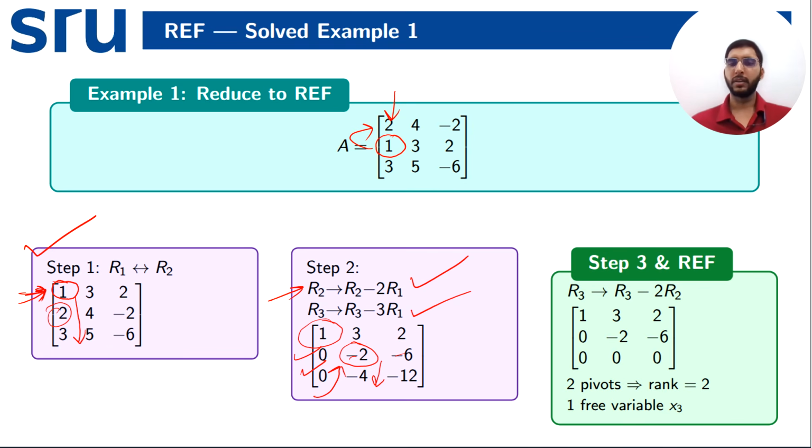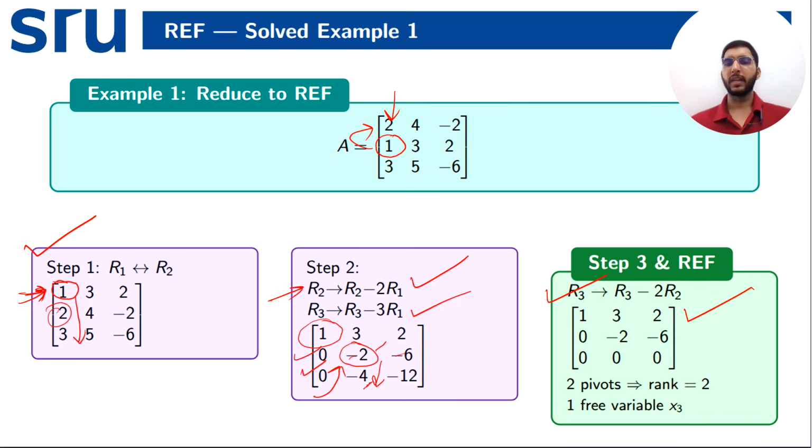It is simple to understand: to make minus 4 equal to 0, we need to subtract 2 times row 2. So after applying row 3 minus 2 times row 2, we got the matrix like this one.